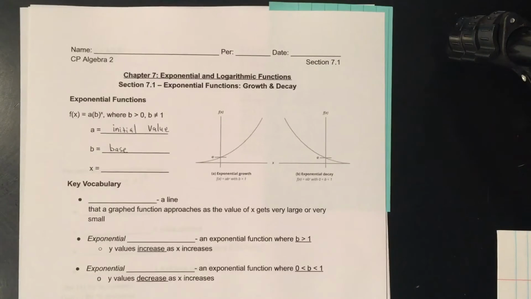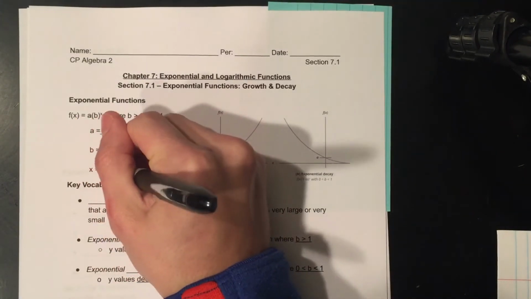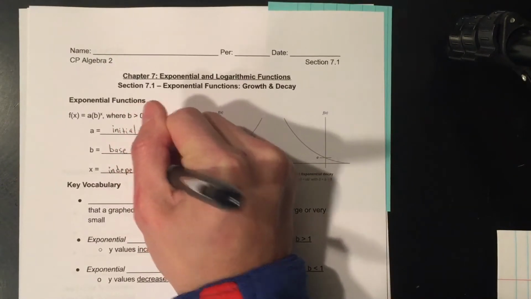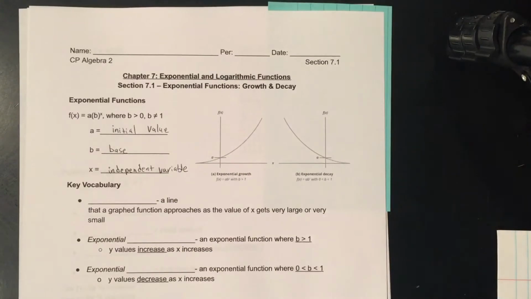B is also talked about as almost like the growth factor; we'll talk about that in a little bit. X is the independent variable. Y, or f of x, is our dependent variable that will be affected by the independent variable x.